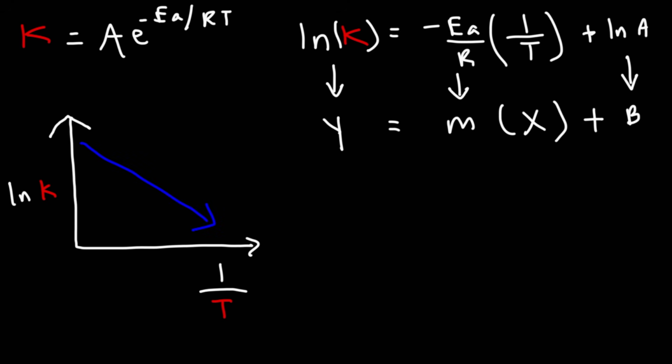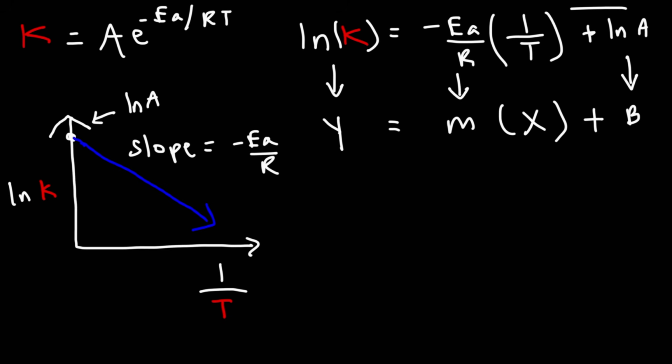It's going to be a straight line plot, but notice that the slope is negative. So the slope of this line is going to equal negative Ea over R. And the y-intercept, which is where the graph starts from, that's going to be ln A.